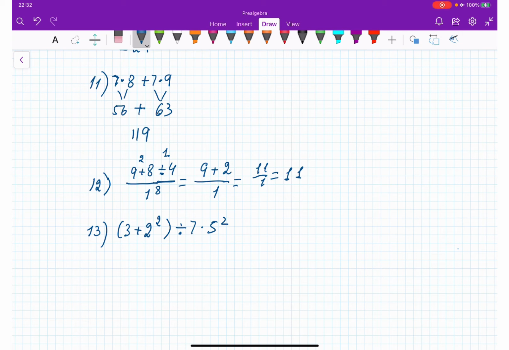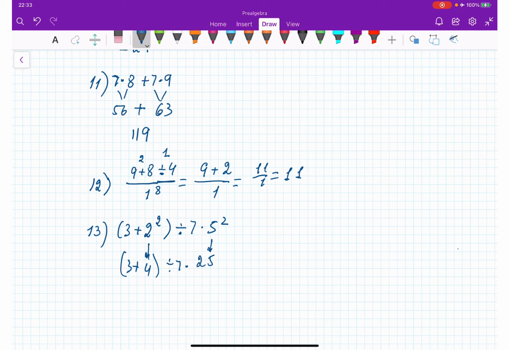Okay, first thing, like I said, the highest priority has parentheses and exponent. So exponent comes first because it's within parentheses. So I have to take care of what is inside of parentheses before I do parentheses. So 2 squared is 4, right? 3 plus 4 divided by 7 times 5 squared, which is 25.